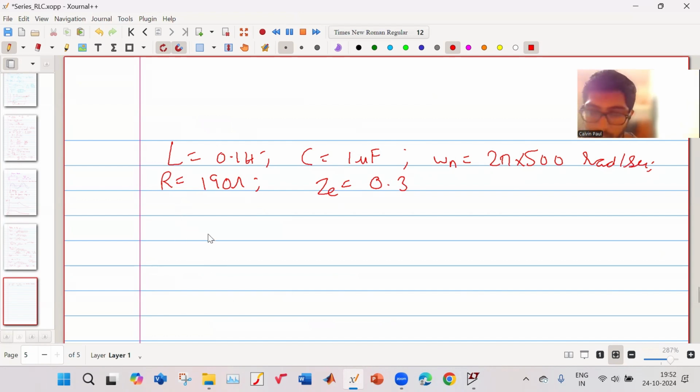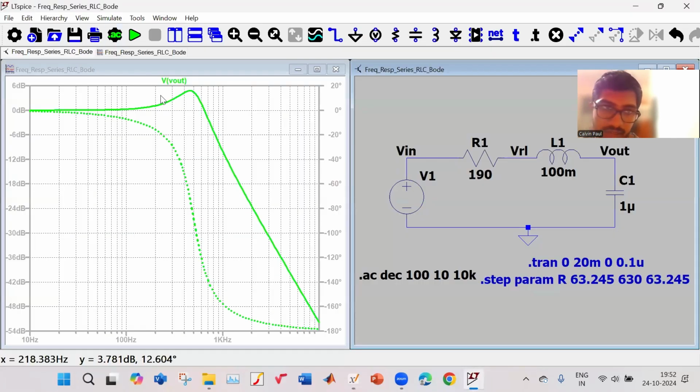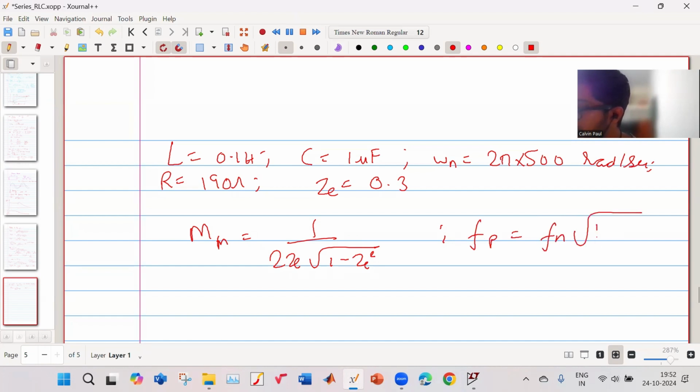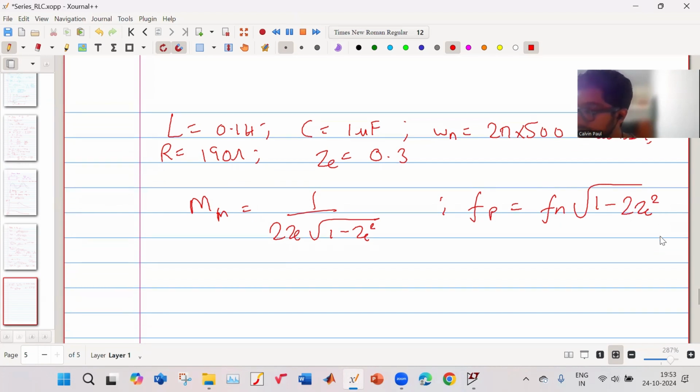So we know that the Bode plot will come like this, and you can see that there is a peak. The formula for that peak is given by 1 by 2 zeta square root of 1 minus zeta square. And this occurs at the peak frequency, which is the natural frequency times square root of 1 minus 2 zeta square. Let us do the calculations.